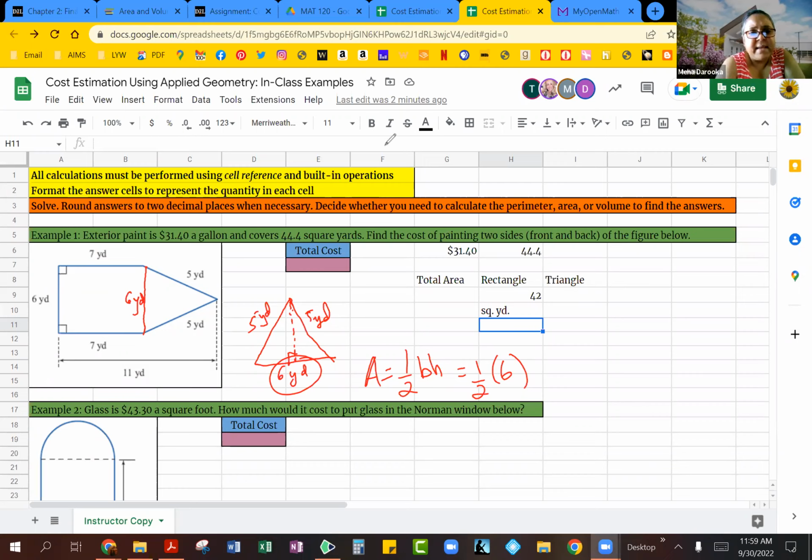Okay, Sabrina, I see that. So this is where actually this 11-yard calculation will come into play. Now we know out of those 11 yards, 7 is going to be the part of the rectangle, which will of course then leave us with 11 minus 7, which gives us what?